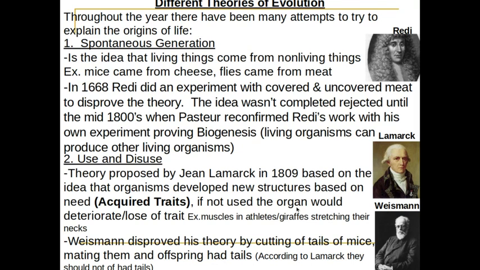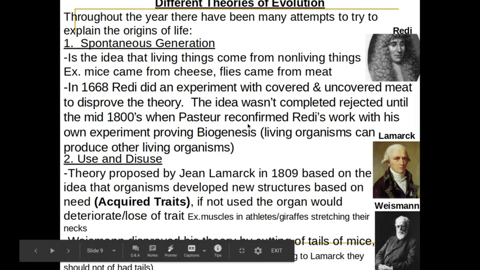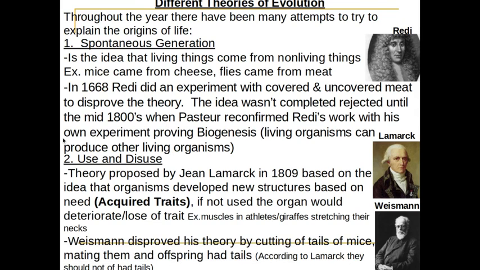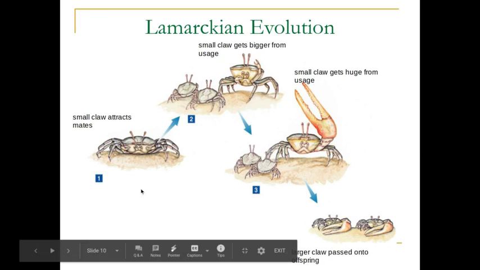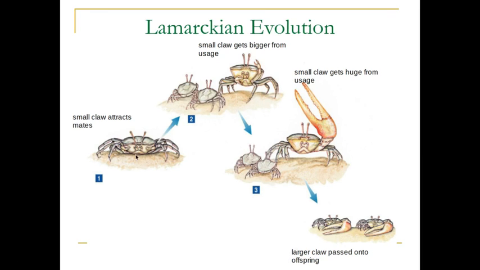But there was an experiment done by Weismann, shown underneath my little graphic there. Weismann disproved this idea of acquired traits being passed on by cutting tails off of mice, mating them, and showing that the offspring still had tails. In Lamarckian evolution, it's suggested that a small claw might attract a mate, but a small claw gets bigger from usage, based on a need or a use.